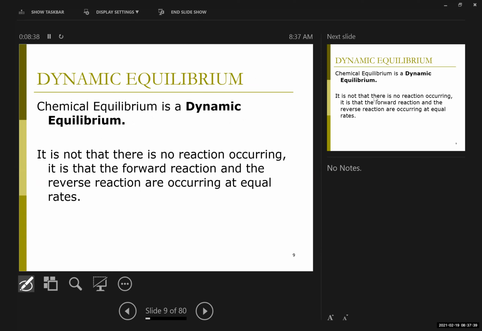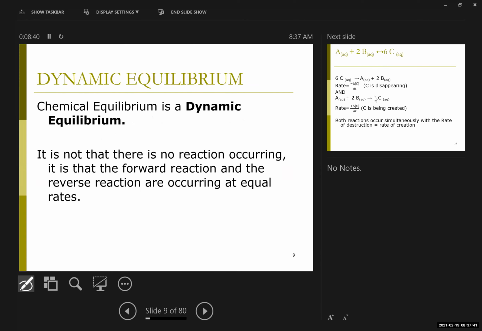And so equilibria are often referred to as dynamic equilibria, meaning that I reach this point of balance where it looks like things aren't changing, but that's because there's two things changing in an equal and opposite fashion.